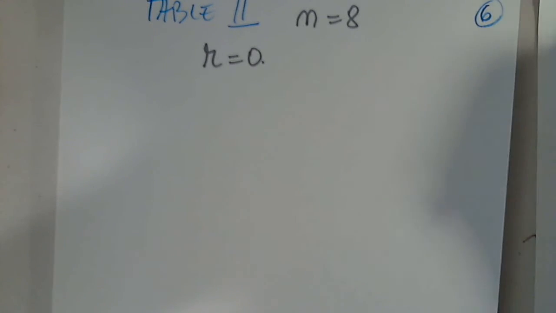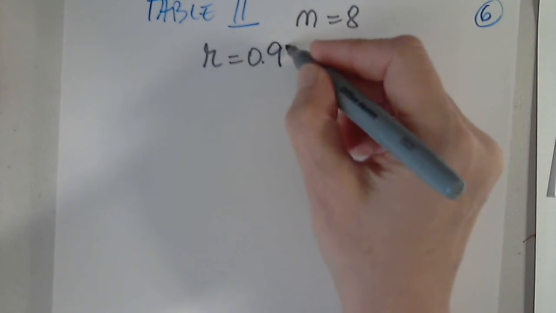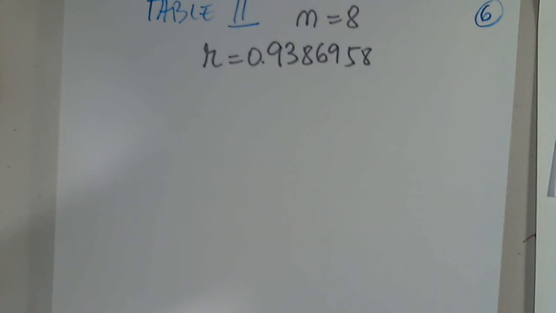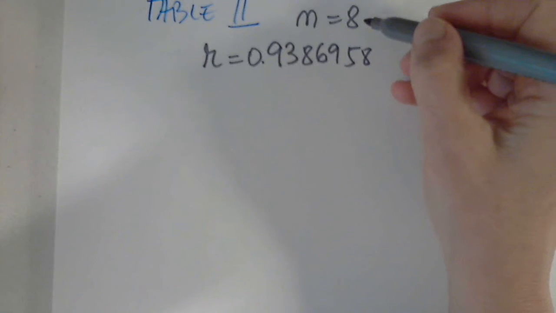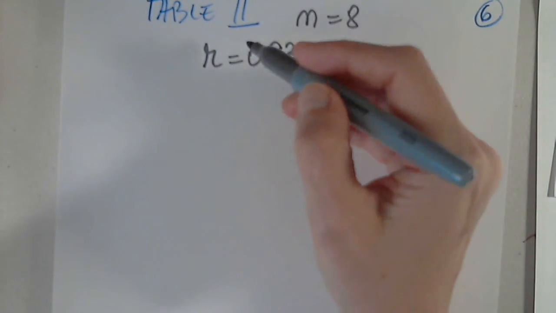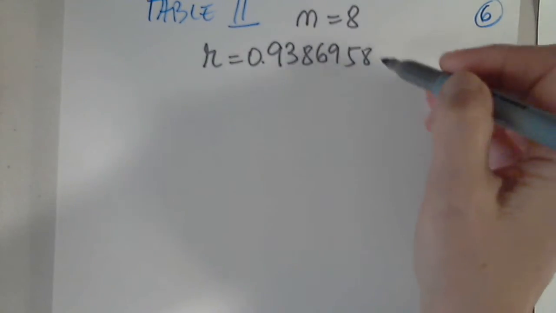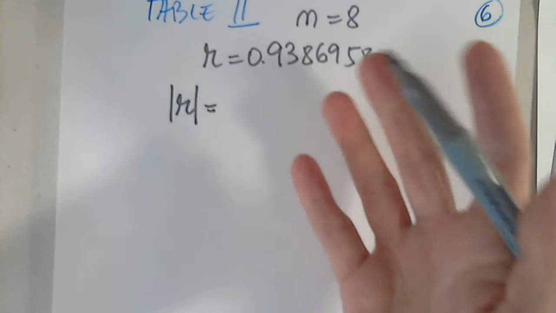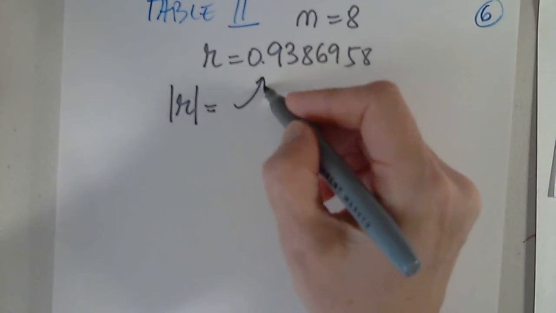Our R that we calculated, it took us a while because it's a long calculation. So let's look for n equals 8 in the table. R is a positive number, otherwise I would have determined the absolute value, but since this is positive, it's the same number.